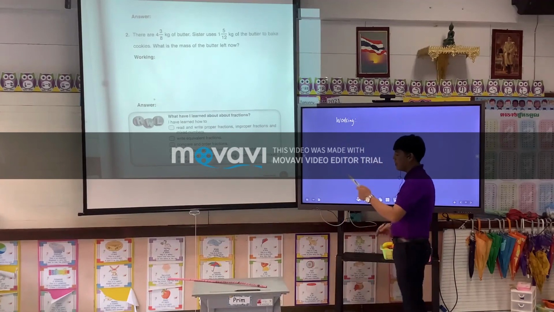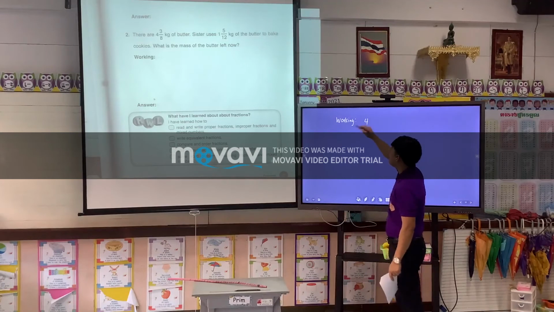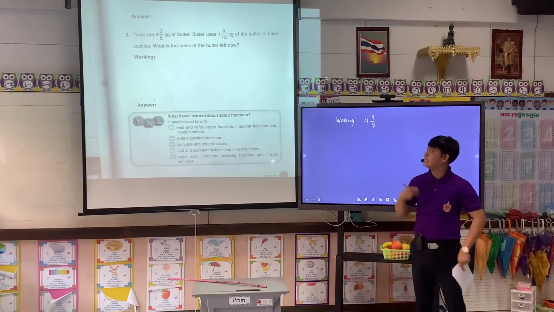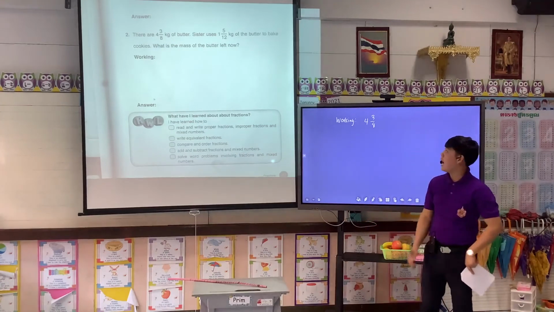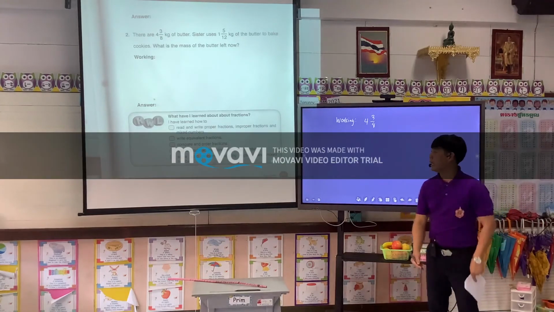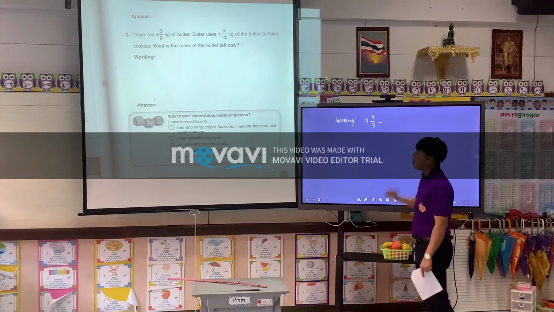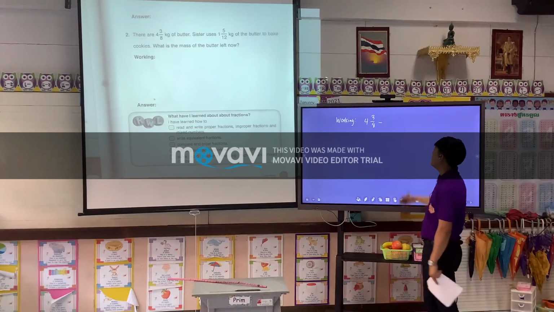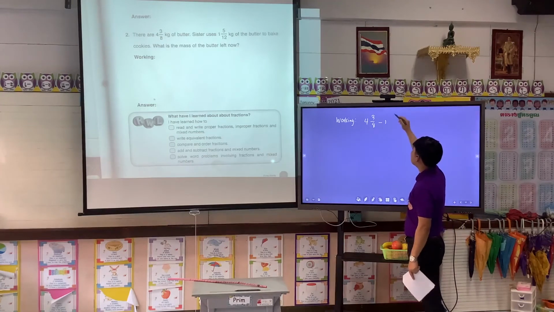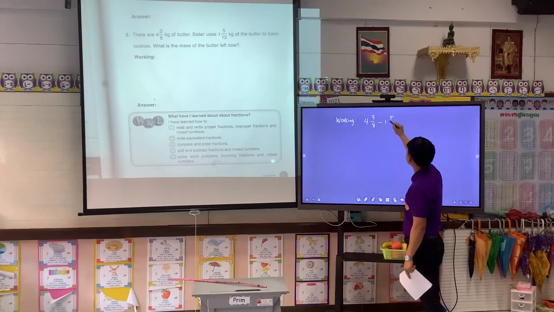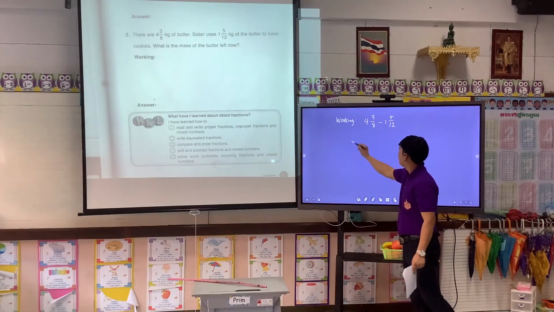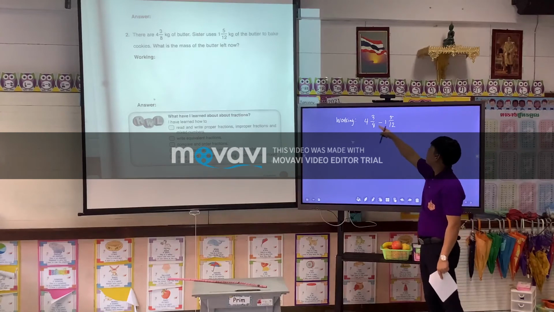Okay, so there is 4 and 3 over 8 kilogram of butter. But sister uses 1 and 5 over 12 kilogram to make cookies. So we need to subtract because she uses it.